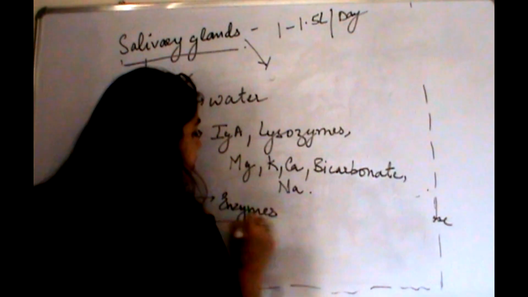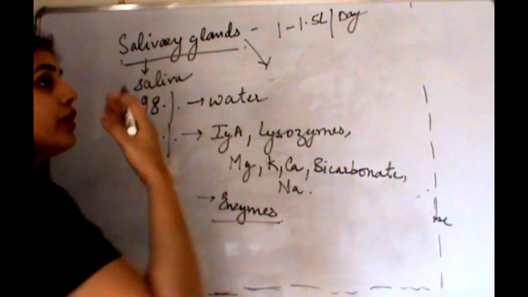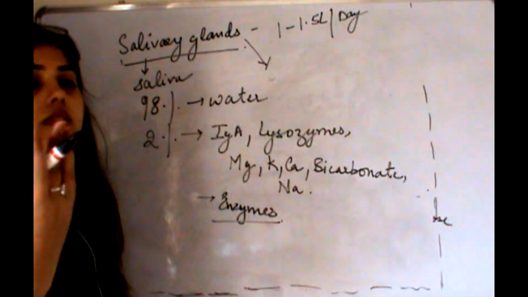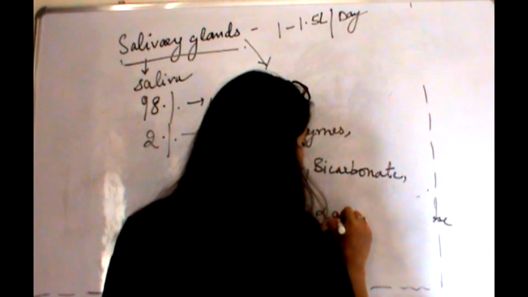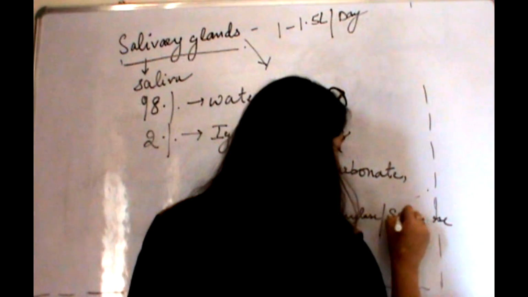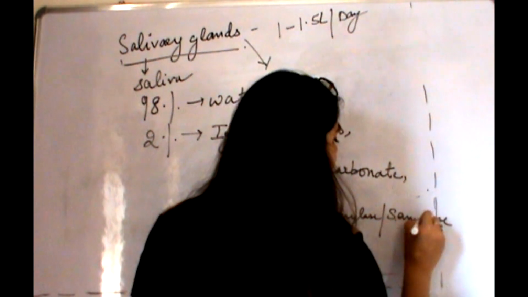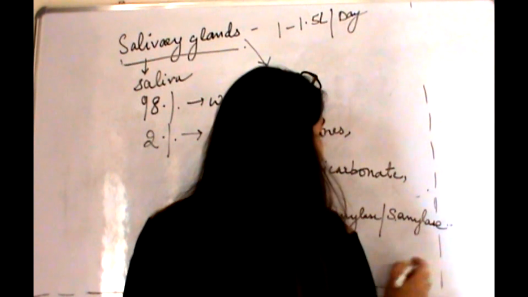And it is also made up of enzymes. Now I've already told you about salivary amylase. There are two enzymes present. First is alpha amylase or salivary amylase, right?